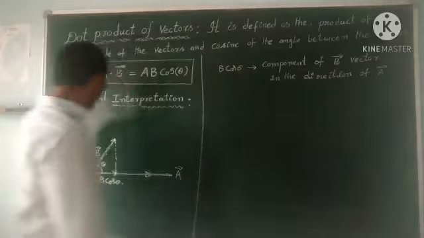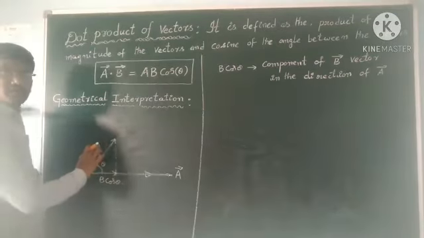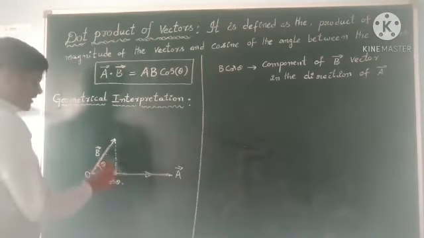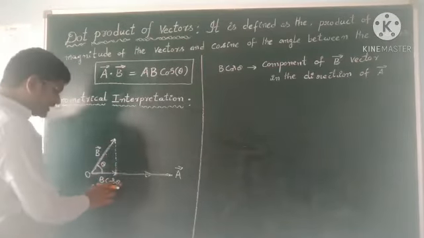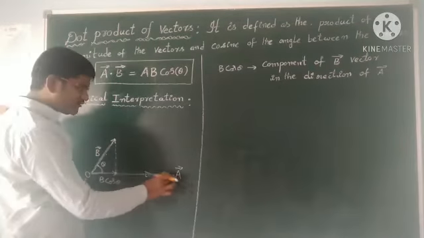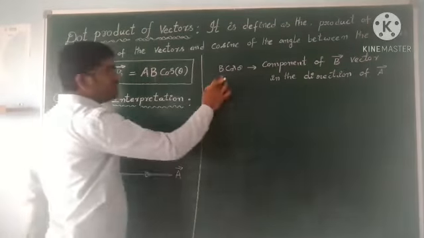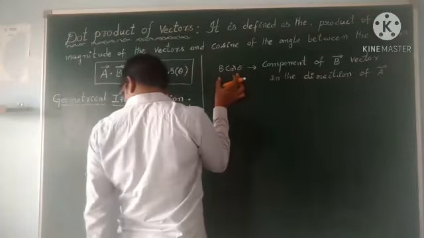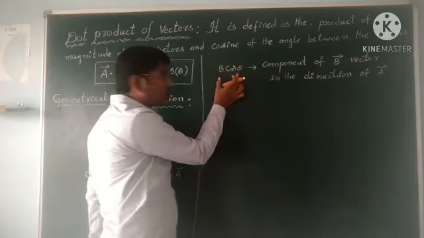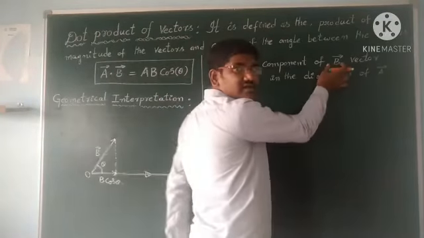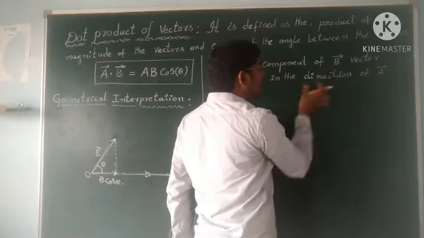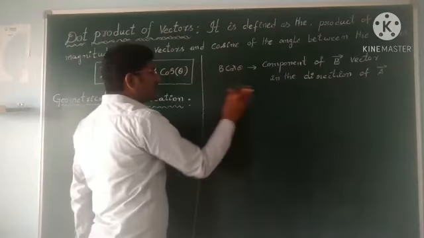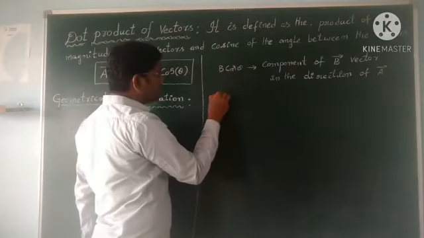See students, this is our vector B bar, and its component is B cos theta. This B cos theta is in the direction of A bar. So B cos theta is one of the components of B bar vector which is in the direction of A bar.